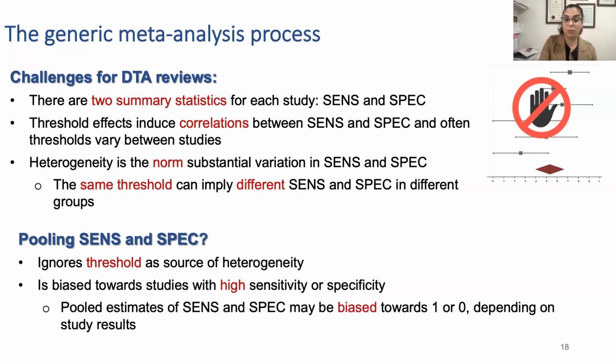So it gives us more biased results compared to the models that we're going to see in the next few slides. So overall, we have two models, as we're going to see. We have one model that estimates an average sensitivity and specificity point, and a second model that estimates the underlying ROC curve based on the different thresholds.